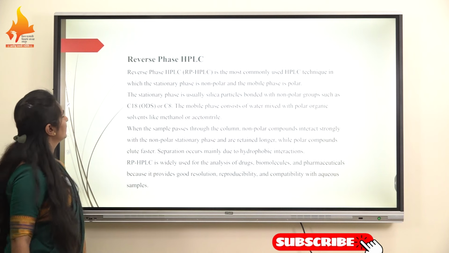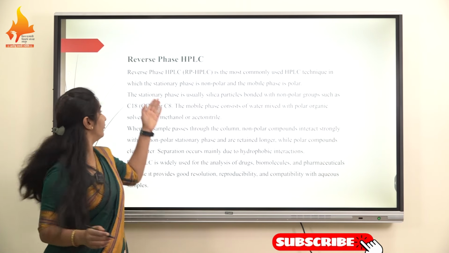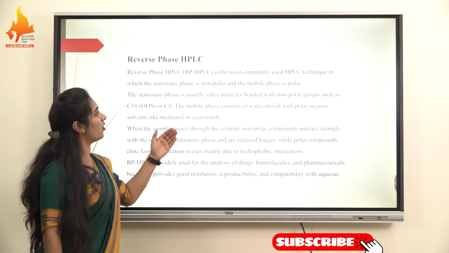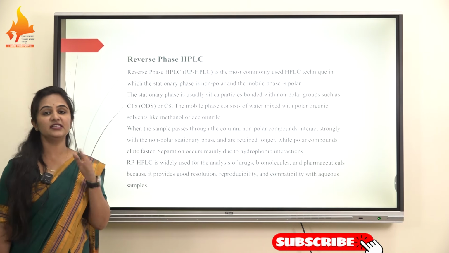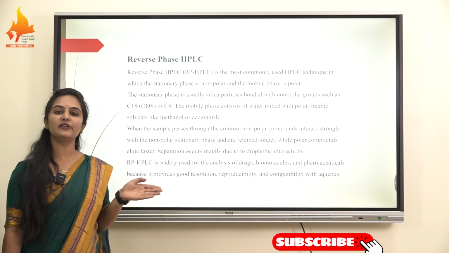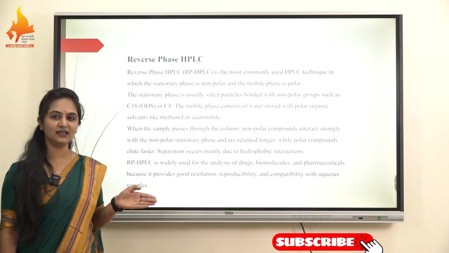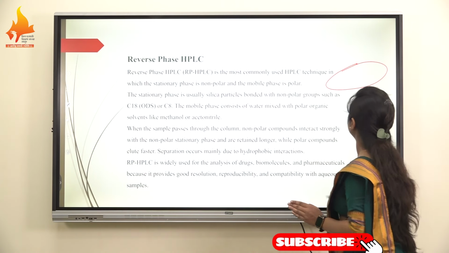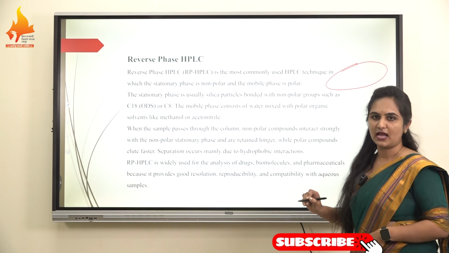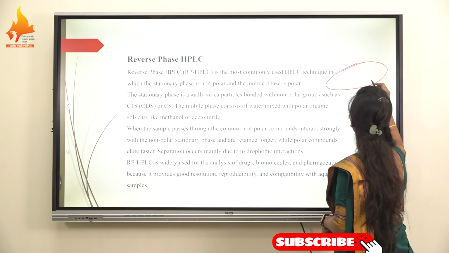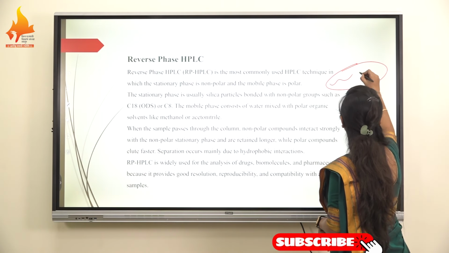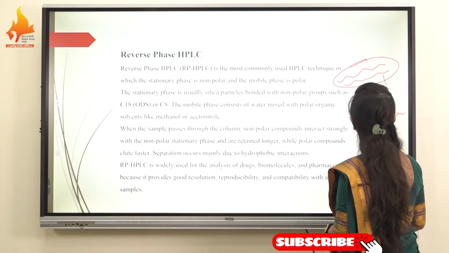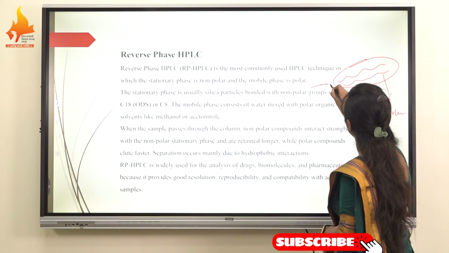Next, opposite to that, this is reverse phase HPLC. Reverse phase HPLC is the most commonly used HPLC technique. It is the opposite of normal phase HPLC. In it there is a non-polar stationary phase and a polar mobile phase, which enters the column.